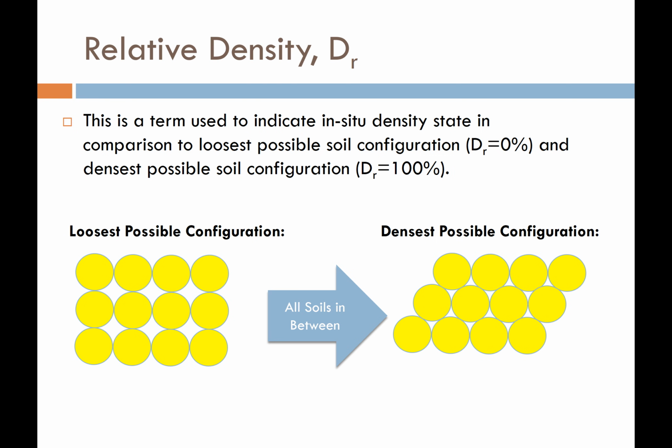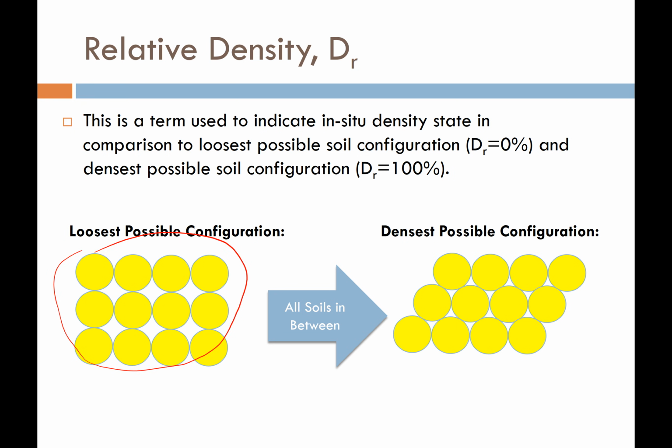So imagine if I had a pile of sand, and these little yellow balls represent the particles of that sand. If I were to stack those sand particles in the loosest possible configuration, meaning that the void space was the biggest it could possibly be, you could see that this configuration right here would be the loosest I could make that soil while still having the soil particles touching one another.